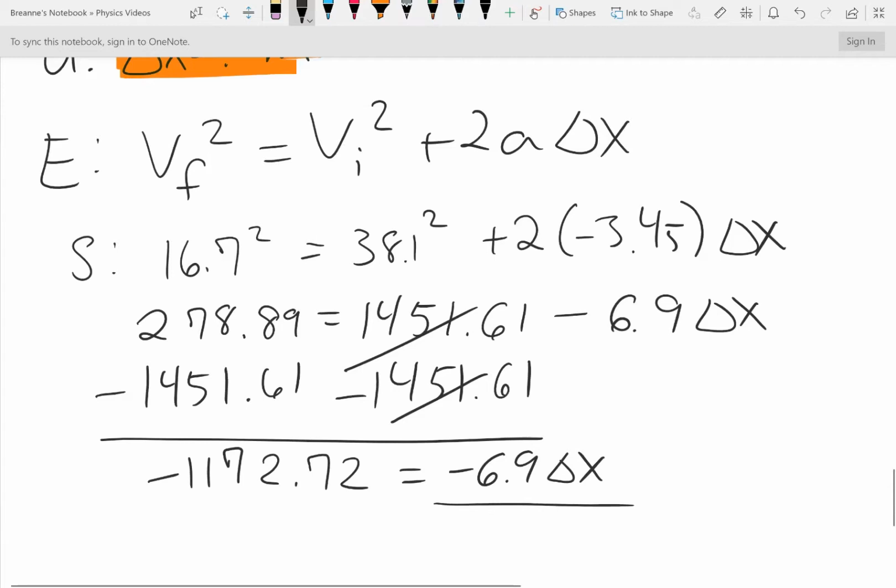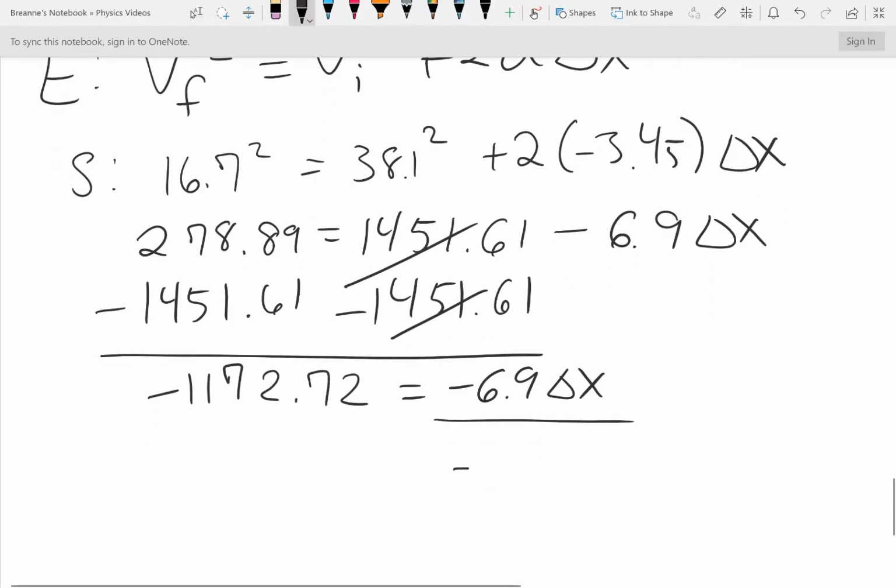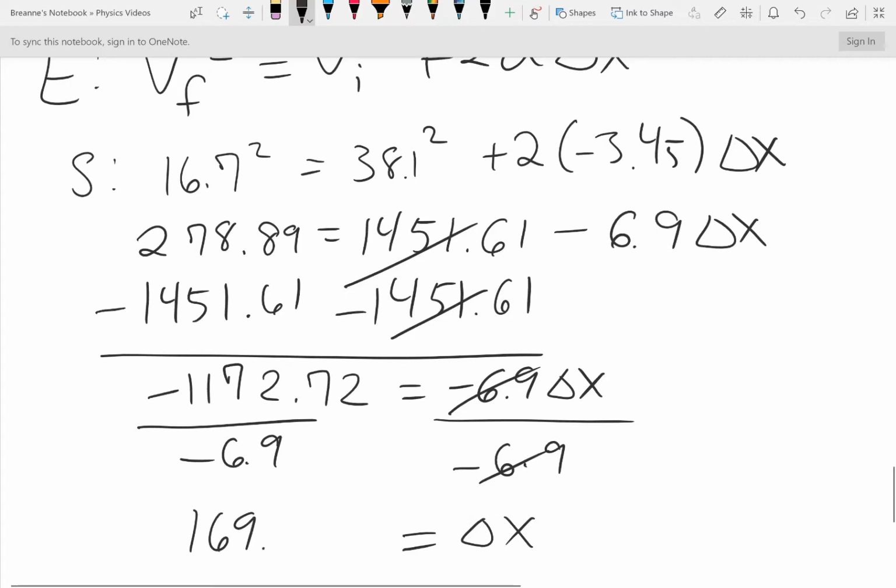times delta x. We want the delta x by itself. It's being multiplied. So the opposite of multiply is divide. And what you do to one side, you gotta do to the other. Then you just plug that into your handy dandy calculator. And you get 169.96 meters.